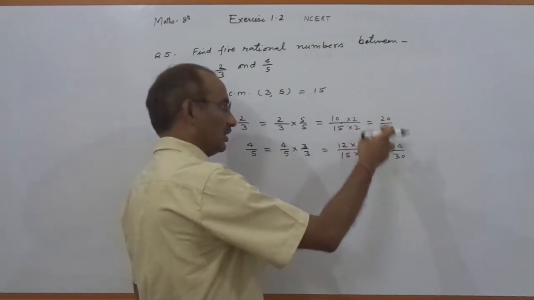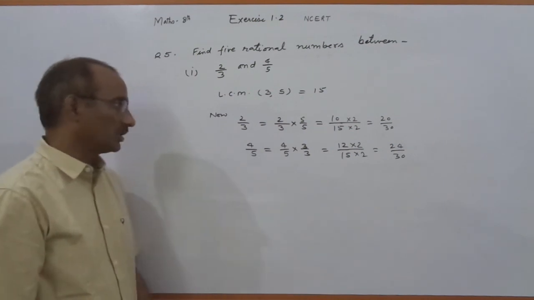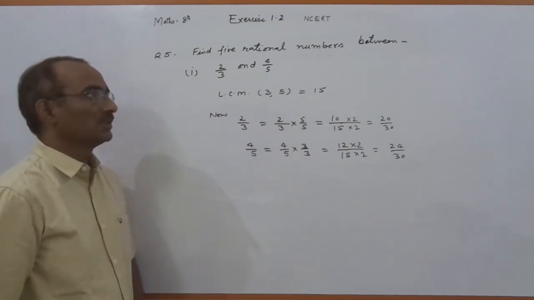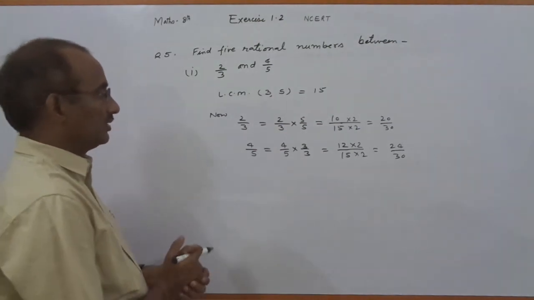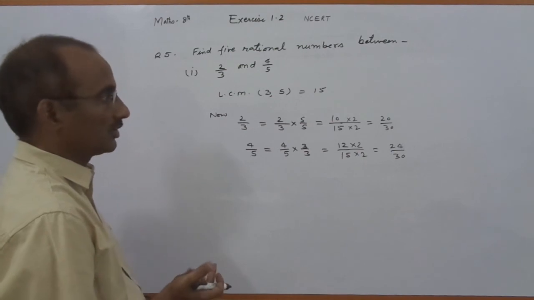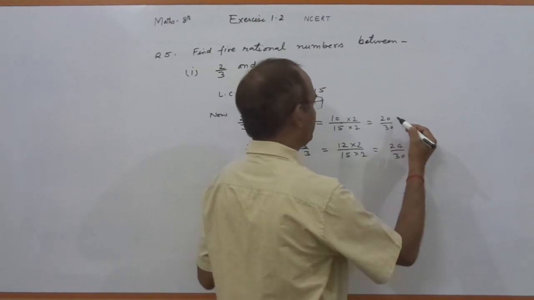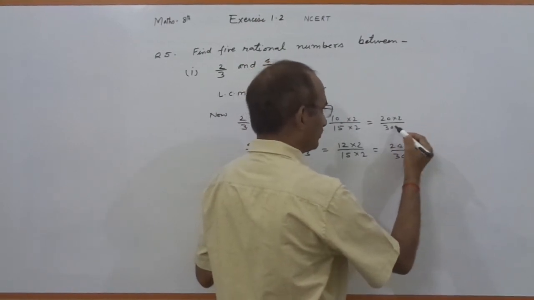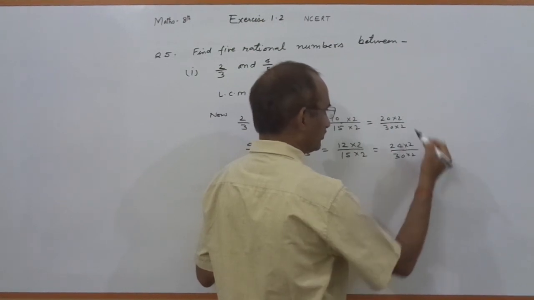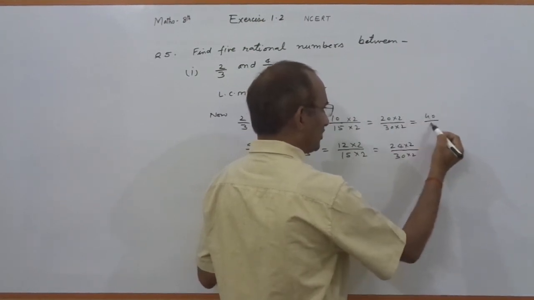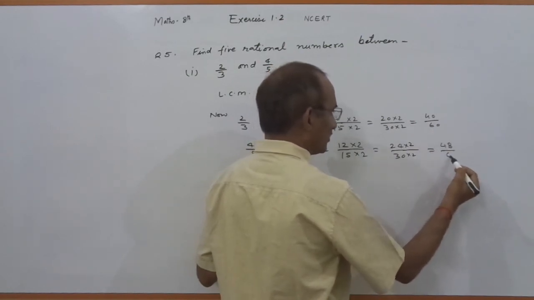Here is 20 and here is 24, but we have to write 5 numbers between 2 upon 3 and 4 upon 5. So to write 5 rational numbers between these two numbers very easily, we have to further multiply by 2. So we get 40 upon 60 and 48 upon 60.